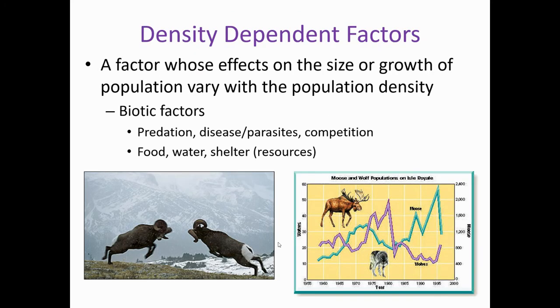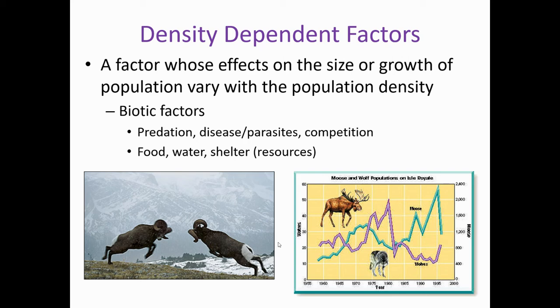Contrast it with density dependent factors, which affect organisms based on the size of the population. Predators are going to affect the prey population when there are more prey. Predators can exist more when there are more organisms for them to eat. Diseases are the same: they spread faster when there are more organisms living together.